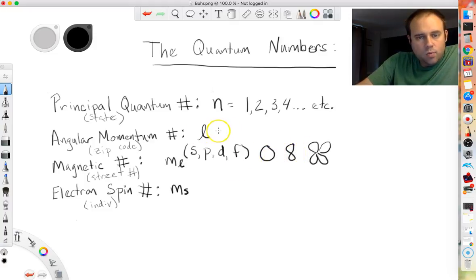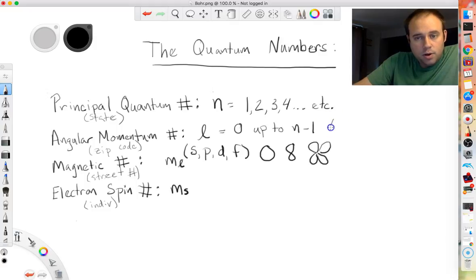l is going to represent what orbital you have. So l can start at 0, and it can go up to n minus 1, where n is your principal quantum number. So if my n is 1, then l can only be 0. If my n is 2, then l could be 0 or 1. If my n is 3, l could be 0, 1, or 2, so on and so forth.